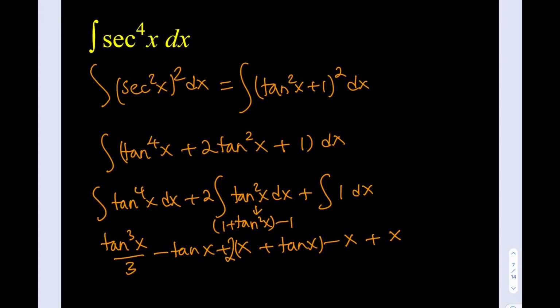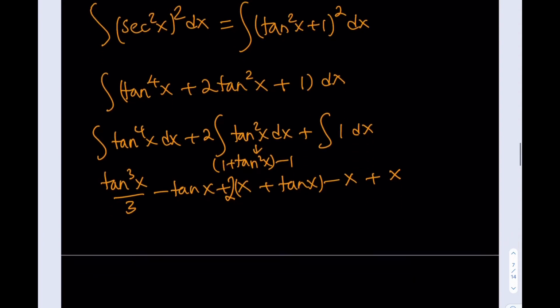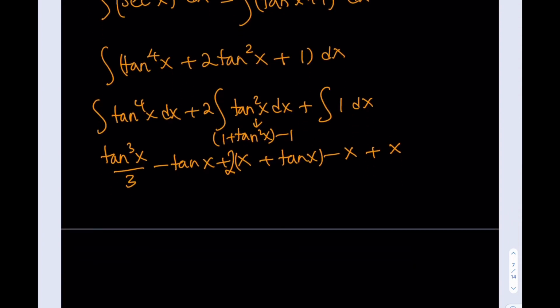So let's go ahead and put that down here, obviously, right? There's a 2 outside, so we should add that. Okay, now let's simplify this a little bit more. Tangent cubed x over 3 minus tangent x plus 2x plus 2 tangent x minus x plus x. These two already canceled out, right?